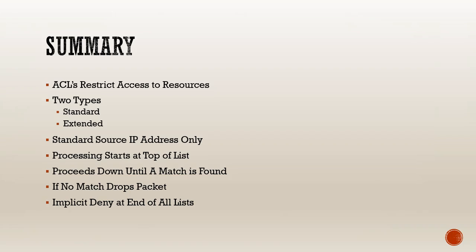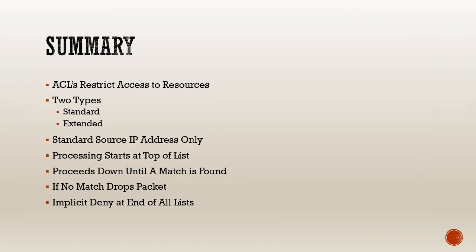So we talked about access lists. They're designed to restrict access to resources. We had two types, standard and extended. The objective for ICND1 only covers the standard list, where the source IP address is the only thing that we can control.